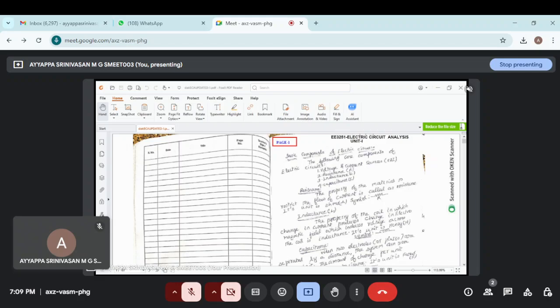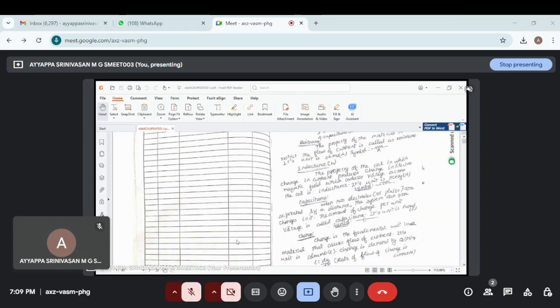The third one is capacitance. Capacitance is the property by which, when two electrodes are separated by a distance, charges are stored in them. Whenever two plates or two electrodes are separated and voltage is applied across them, charges will be stored on the surface as well as in the space between.